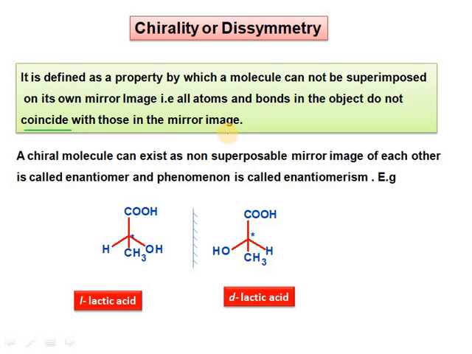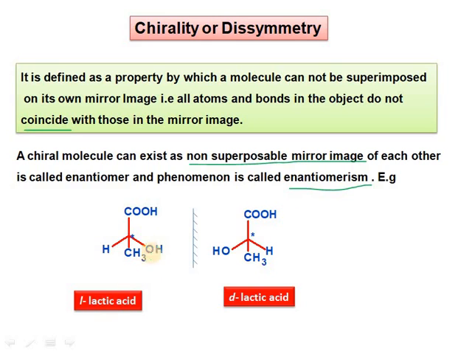This is called chirality. Chiral molecules can exist as non-superimposable mirror images of each other. This is called an enantiomer, and the phenomenon is called enantiomerism.